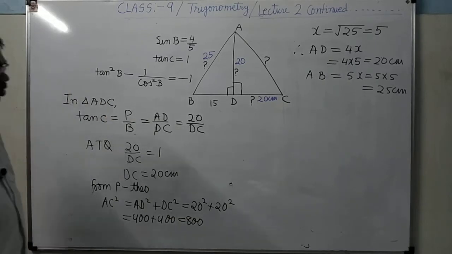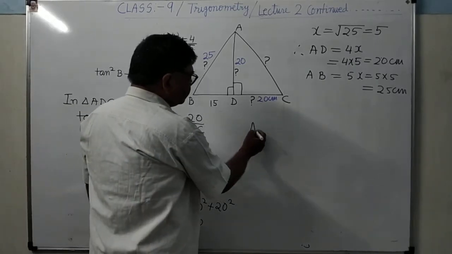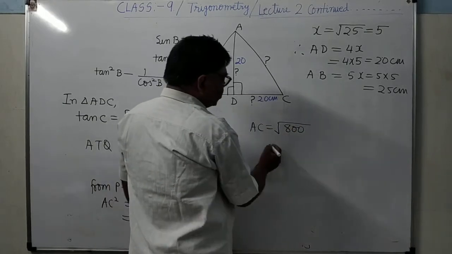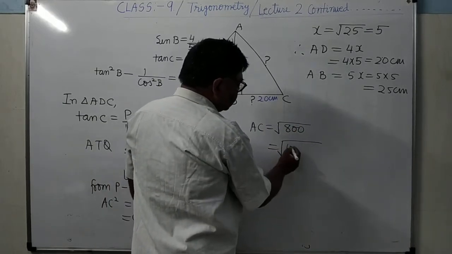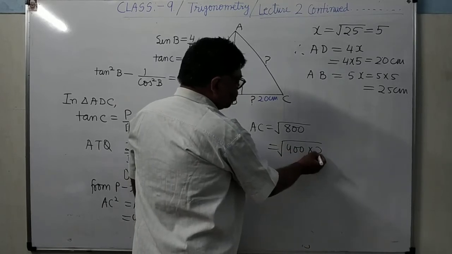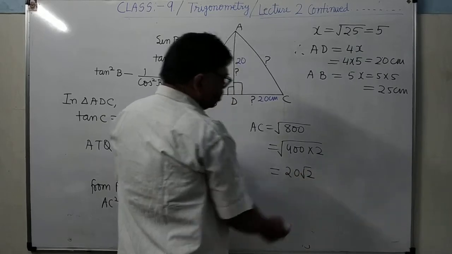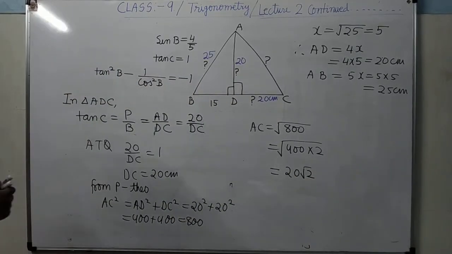It's clear? So what is AC? Square root 800. This you can write as 400 into 2. What is the square root of 400? 20 root 2. So this way you have determined all the three sides of triangle ADC also.